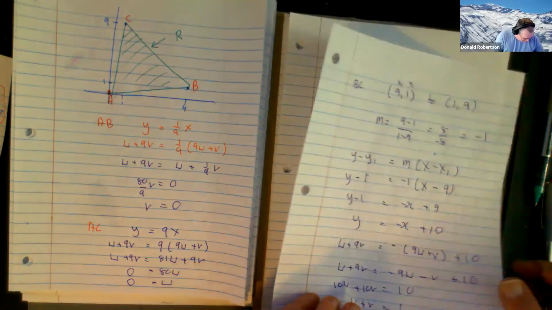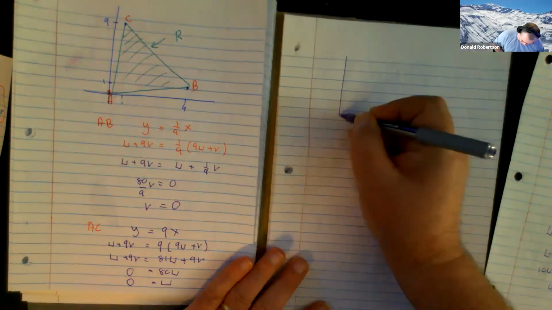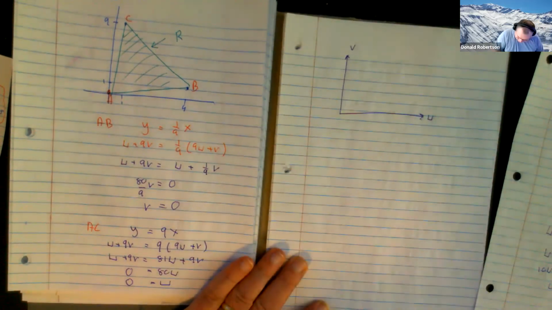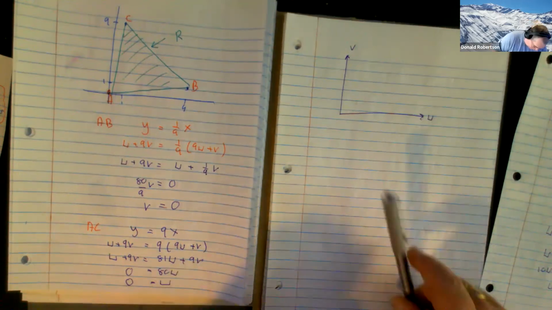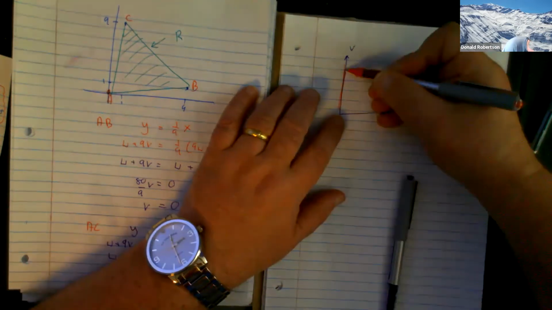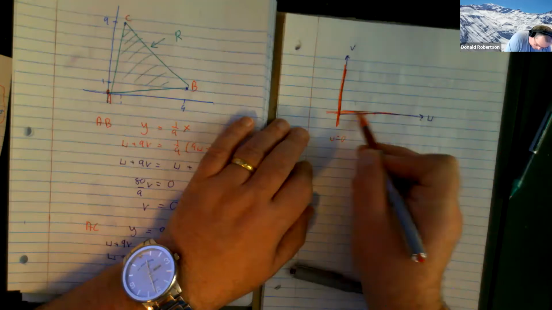So this triangle, right, in xy space is now going to be turned into uv space. And what do we get? Well, we got u equals 0, which is basically that vertical line there, right? And v equals 0, which is that horizontal line here.